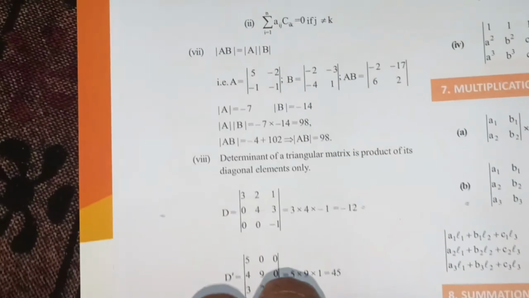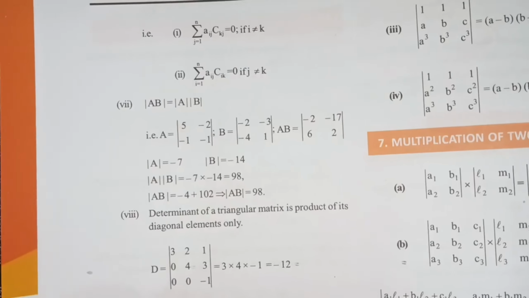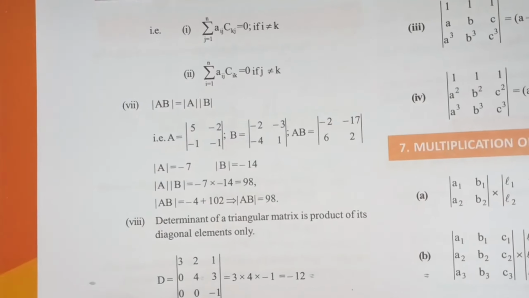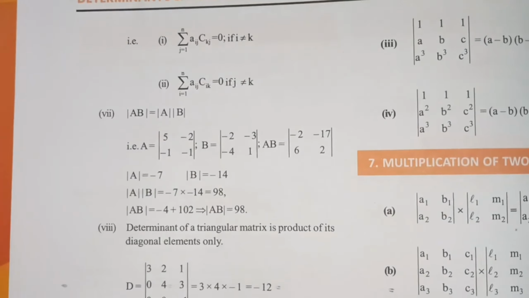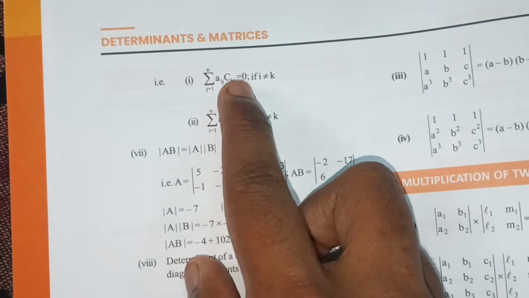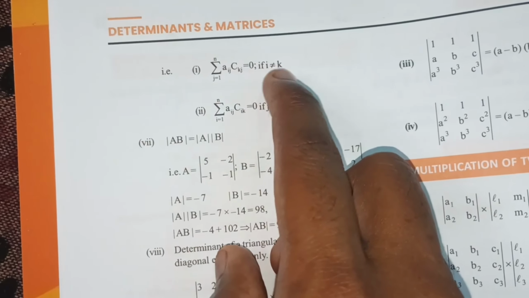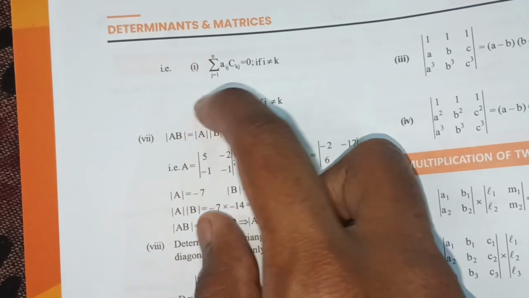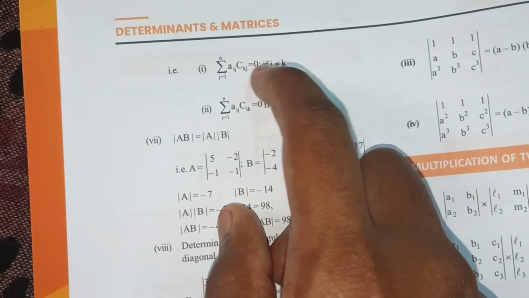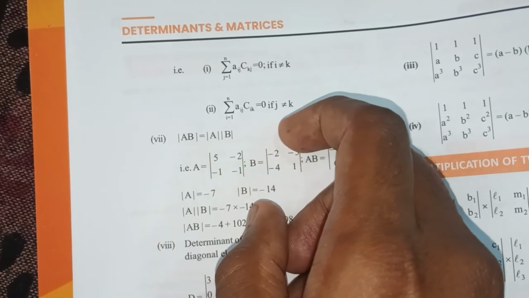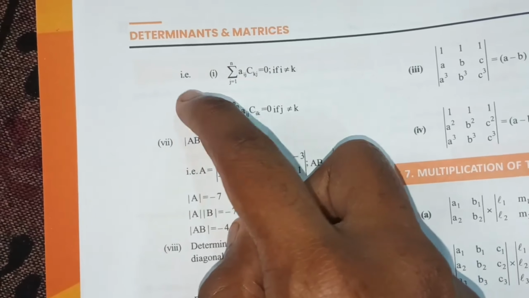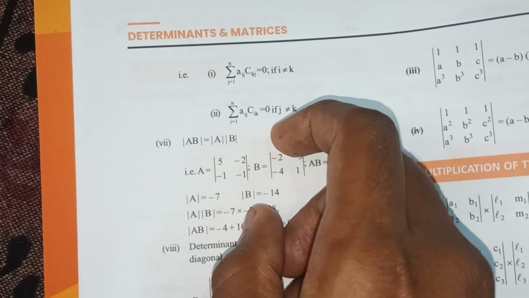So here, the summation over j equal to 1 to n of aij times ckj equals 0 if i is not equal to k. So this is the first property. I'll explain this in the next video. It's complex to understand, so in this video you will understand the basic concepts so that you get a grip on the subject.